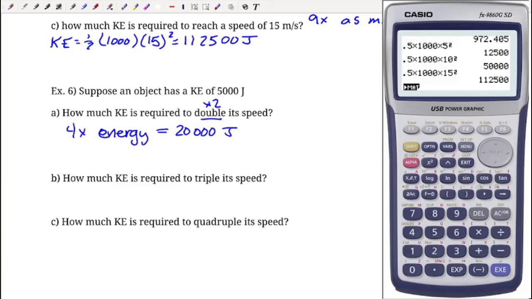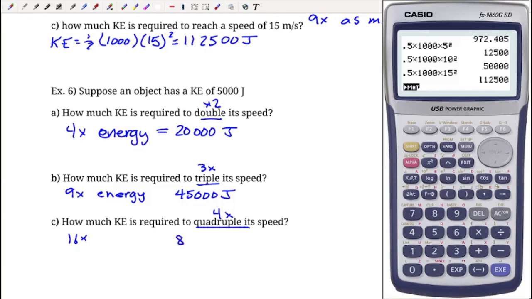How much kinetic energy is required to triple its speed? Well, that's going to be 3 times its speed, means 3 squared, 9 times the energy, which turns out to be 9 times 5,000 is 45,000 joules. So again, going up a whole lot faster, and then quadruple would be 4 times its speed, 16 times the energy. 16 times 5 is going to be, I believe it's 80,000.